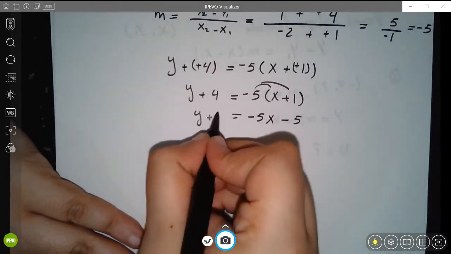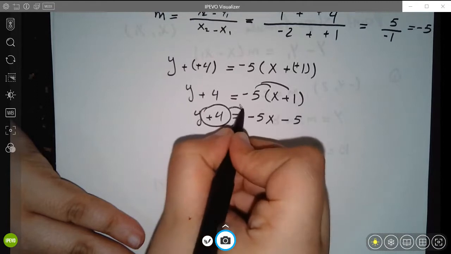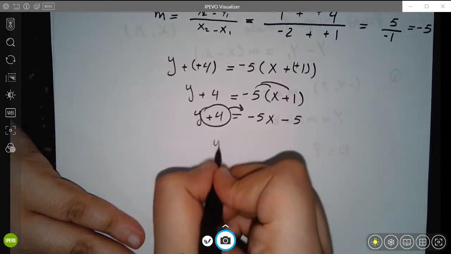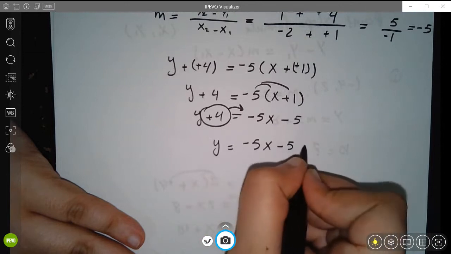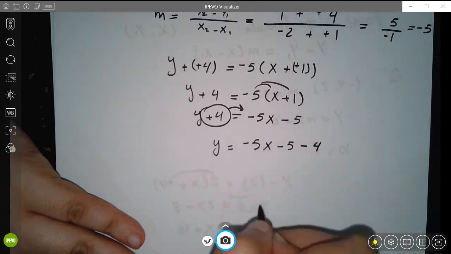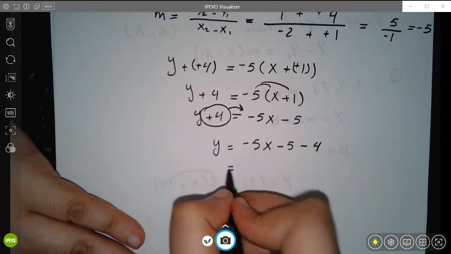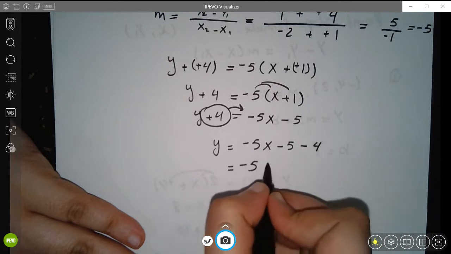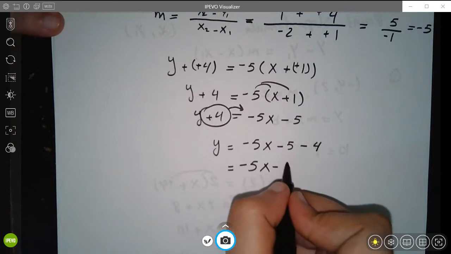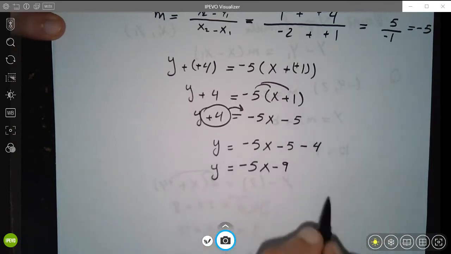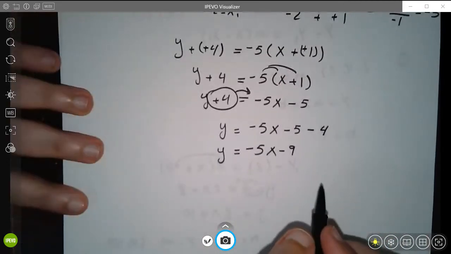So y plus 4 over here. I'm going to move the 4 to that side. So you get y equals negative 5x minus 5 minus 4. These two together is obviously going to be negative what? 9.